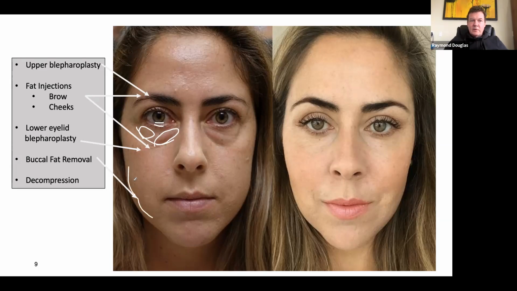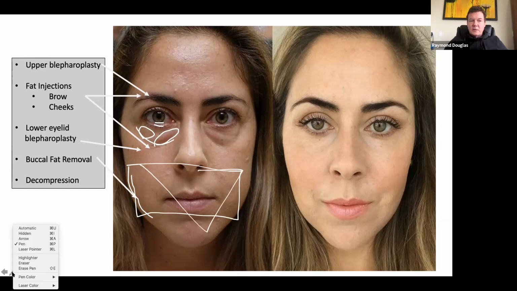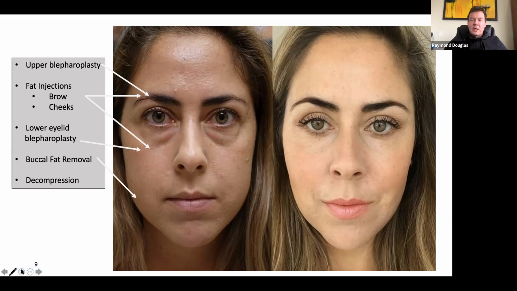And the buccal fat, especially in cases like thyroid eye disease, but also just in general, can get expanded and makes the lower face look bigger. It almost makes the lower face look boxy instead of like a V shape. Normally we think of a V shape in the lower face, but we can start to think of a little bit of a boxy lower face. And so that's also something that we can deal with.